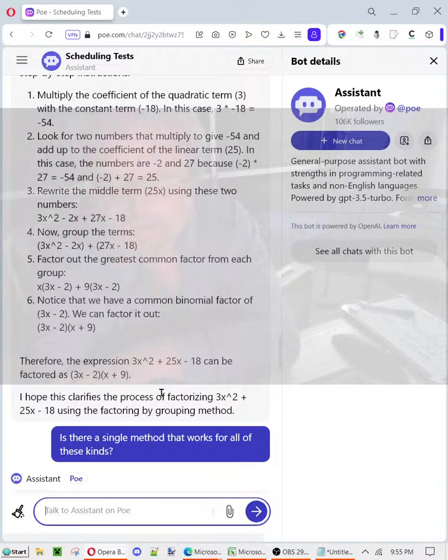Oh, wait. 3x to the power of 2. Oh. Did the 25 just cancel itself out? Where did it come from?